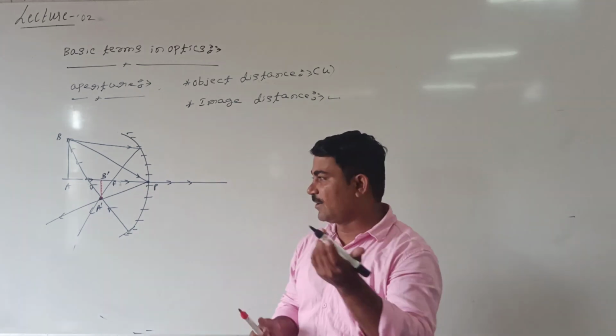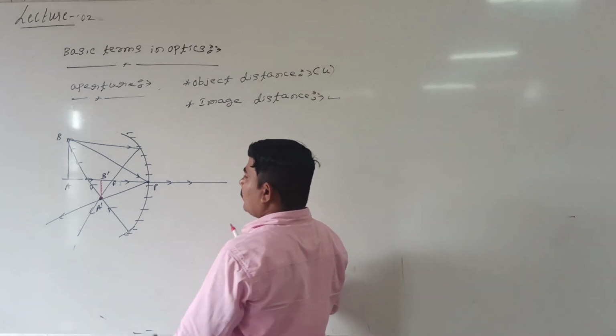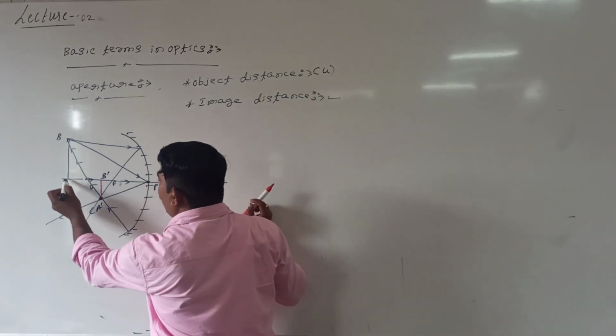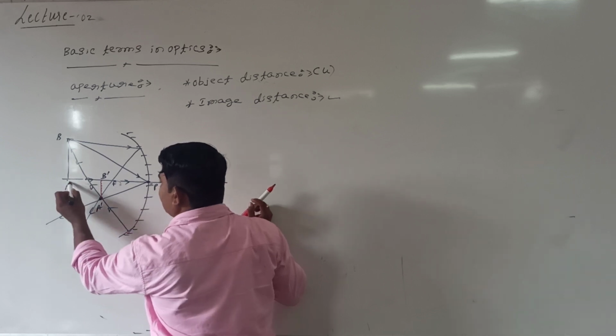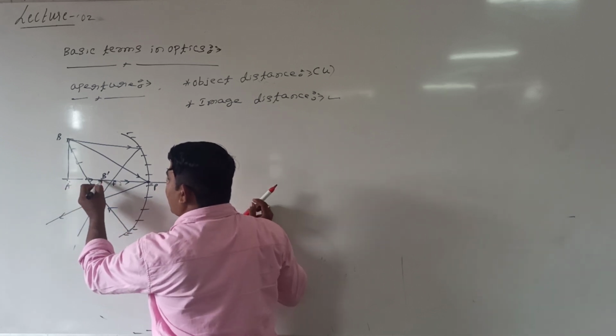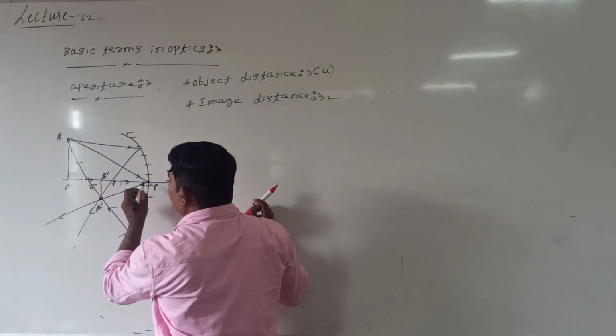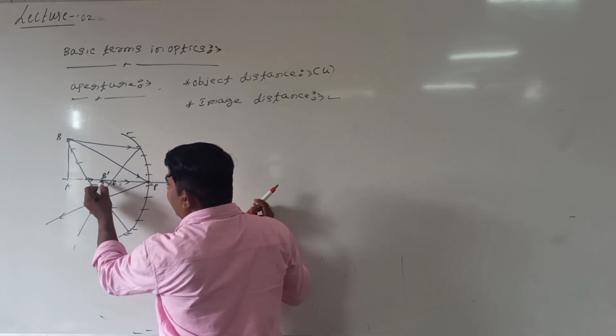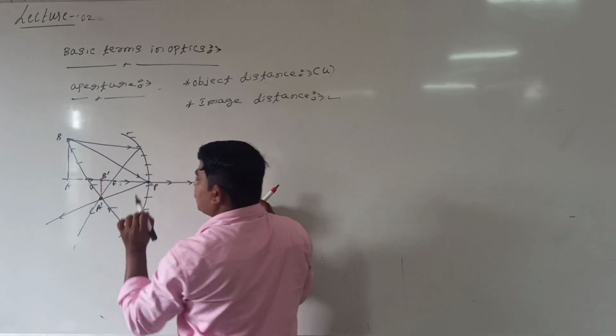Look here. The distance between pole and object I call the object distance. The image appeared at the B dash point. The distance between pole and image we call the image distance.